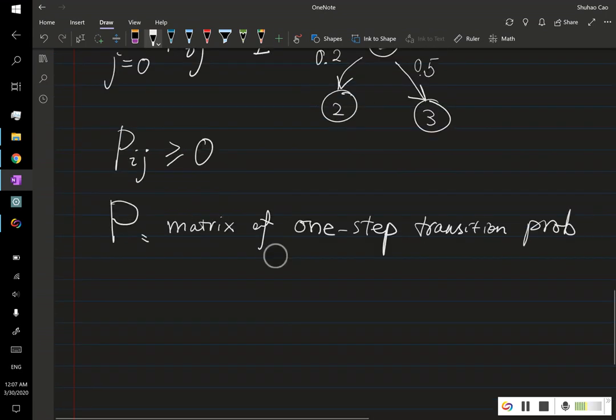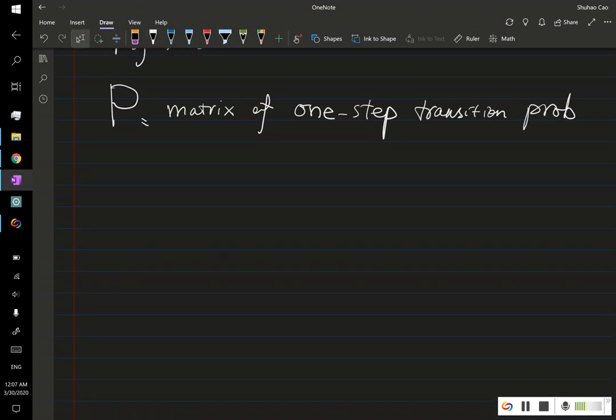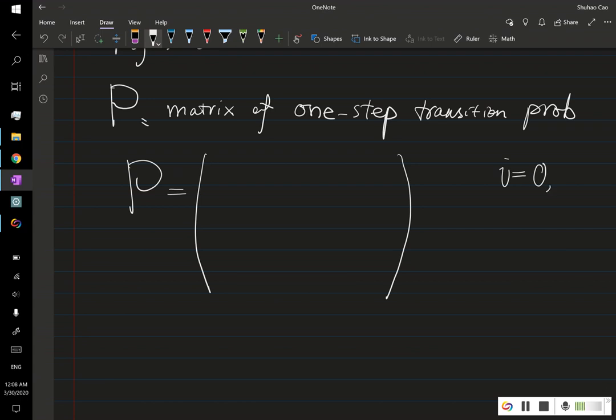So basically it's defined as, for example, this capital P equals a matrix. Suppose our states are 0, 1, 2, etc., all the natural numbers, so they are countable, and we have this matrix P with entry P00.